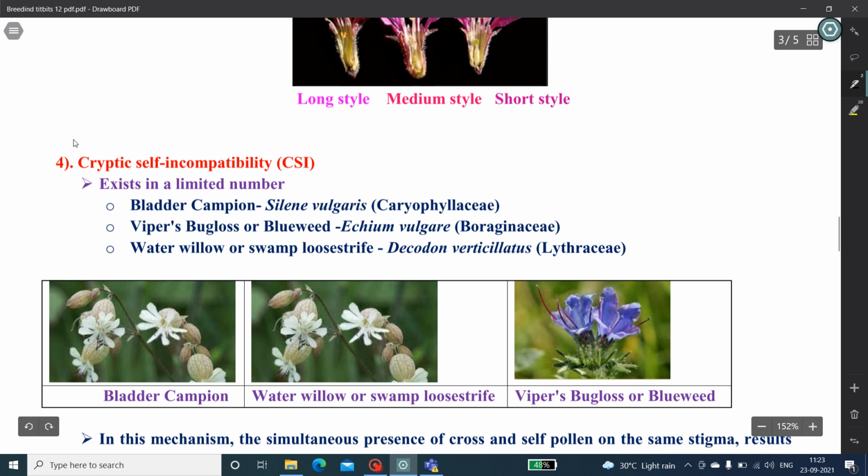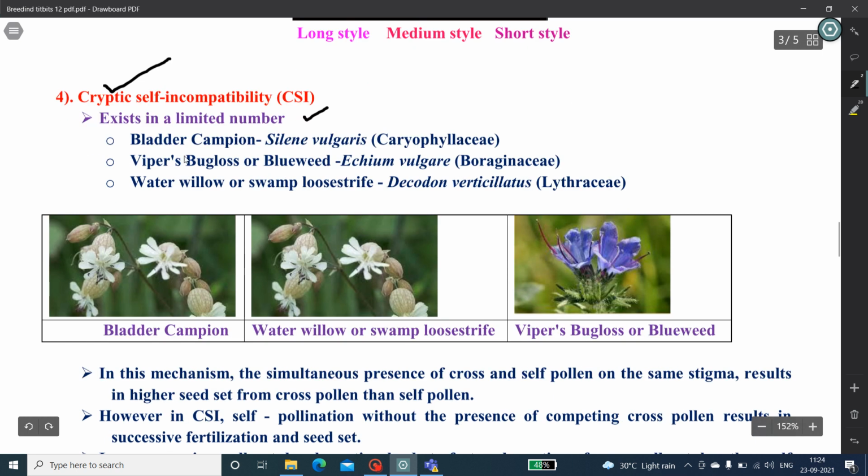The fourth type is cryptic self-incompatibility. It exists in a limited number of crops. The best examples are bladder campion, Silene vulgaris, family Caryophyllaceae; viper's bugloss or blueweed, Echium vulgare, family Boraginaceae; and water willow or swamp loosestrife, Decodon verticillatus, family Lythraceae.